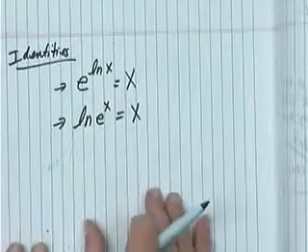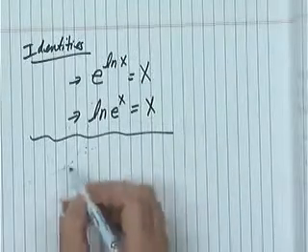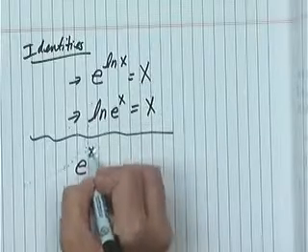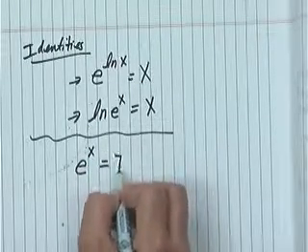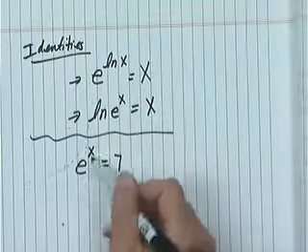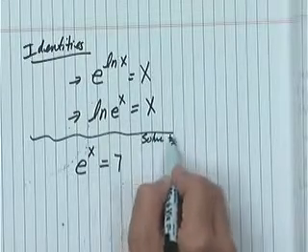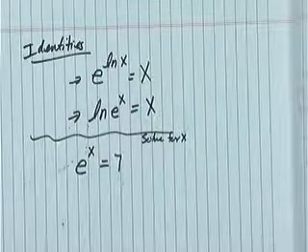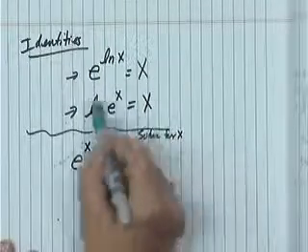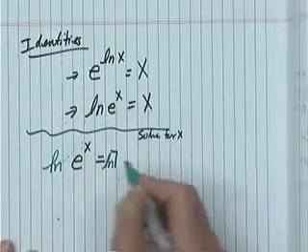And one reason you do something like that is, back in the pre-calculus days, if you had e raised to the x equals 7, and you needed to solve for x, then what you do is apply this identity by taking the natural log of both sides of your equation.